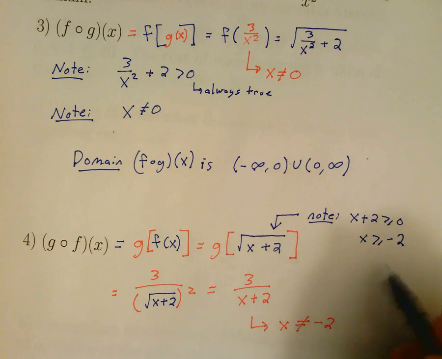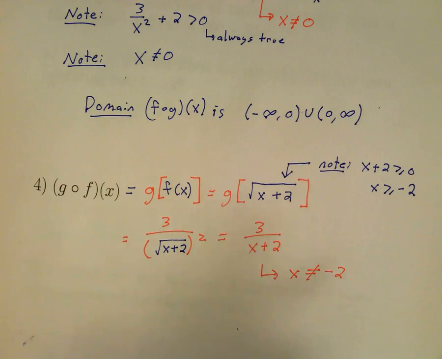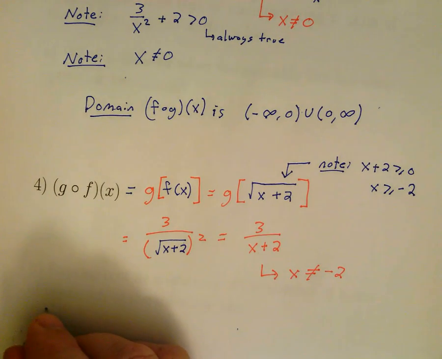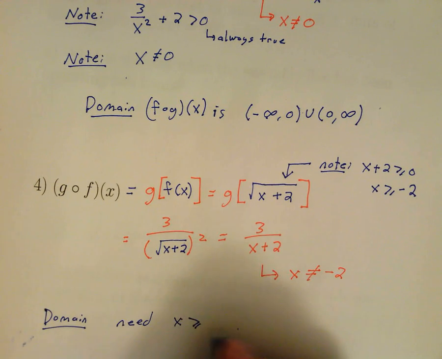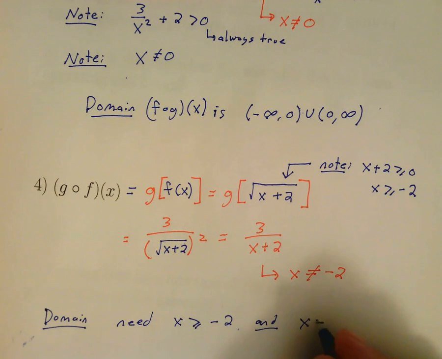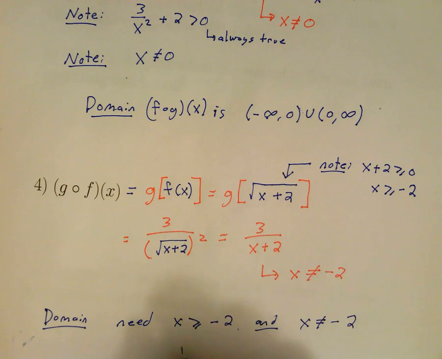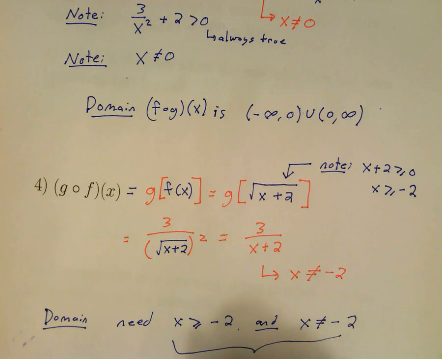So I have to consider both of these as I move along. So the domain of this, I'm going to need x to be greater than or equal to negative 2 and x not equal to negative 2. If you put those two conditions together, that just says x is greater than negative 2.